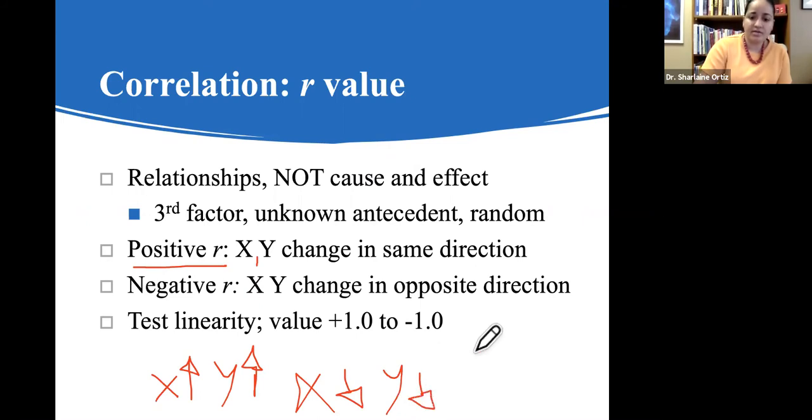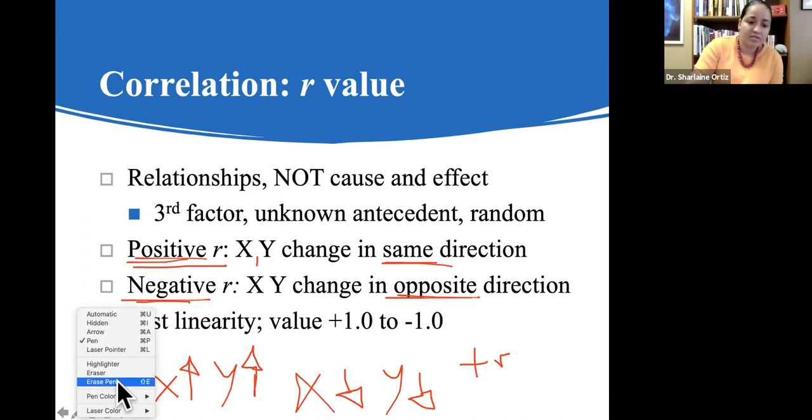So this is considered a positive relationship, right? Positive R. I don't want you to think that positive means more or less and negative means more or less. Positive simply means same direction and negative means opposite direction, okay? So I don't want you to think that one's better than the other or that one increases and the other decreases. It's simply positive, same direction, negative, opposite direction.